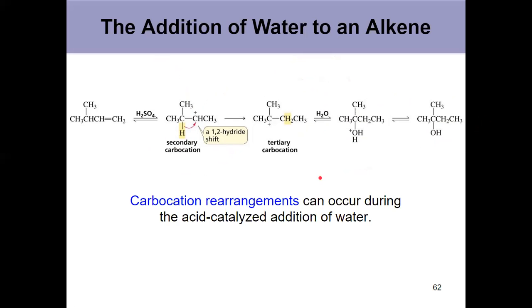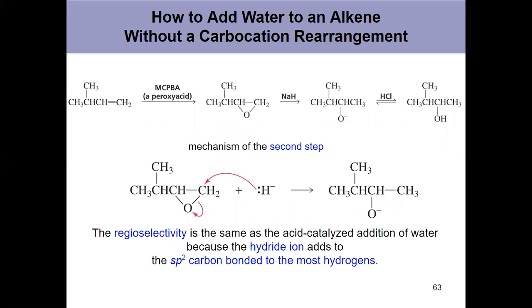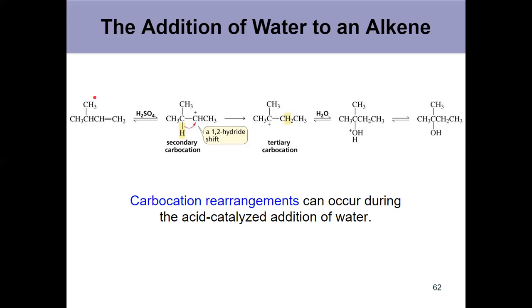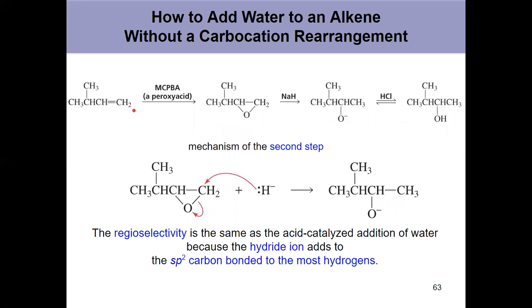If you have the acid-catalyzed addition of water, like we have here from chapter 6, you have to worry about that carbocation rearrangement. So here is another synthetic advantage. If you want to avoid that carbocation rearrangement, you can first take your alkene and convert it to an epoxide. Same reactant here and here, but look at this.